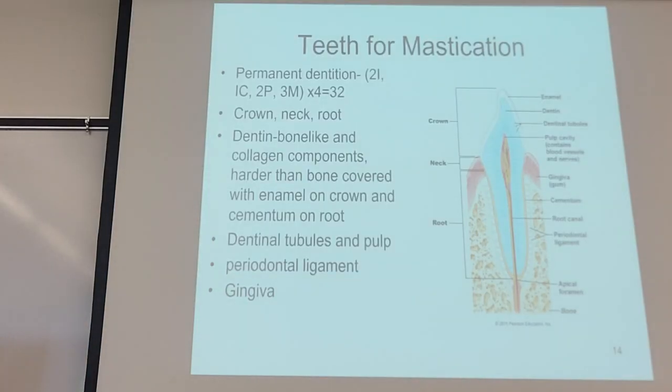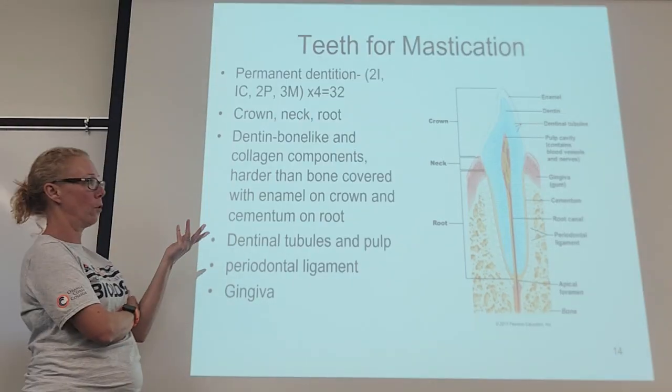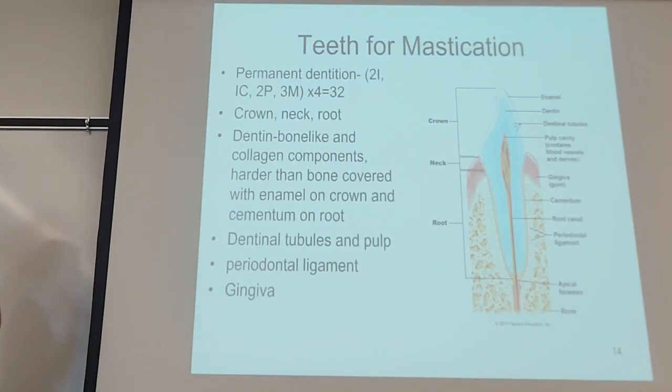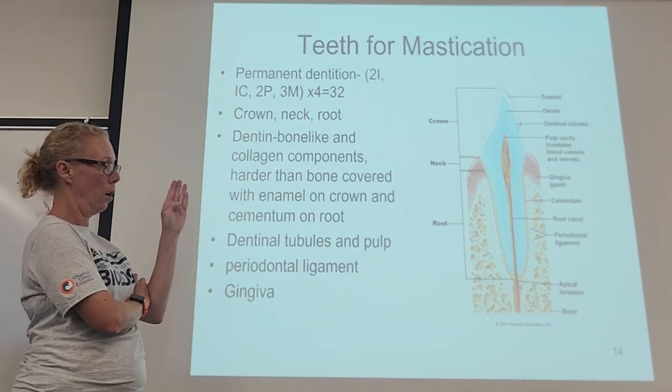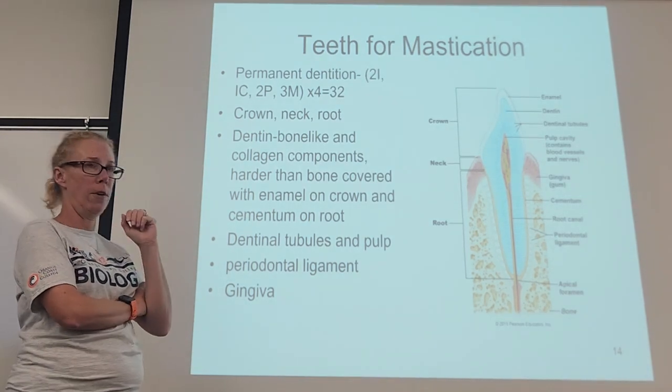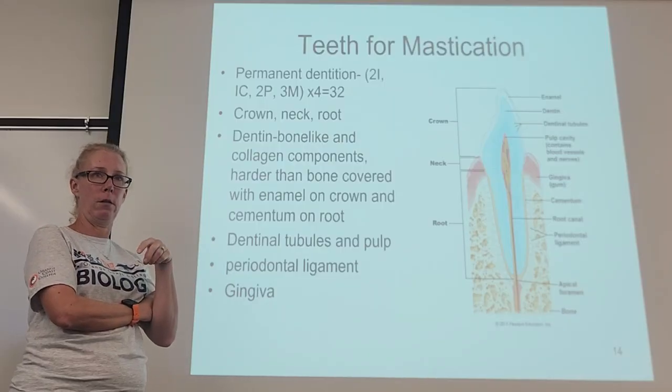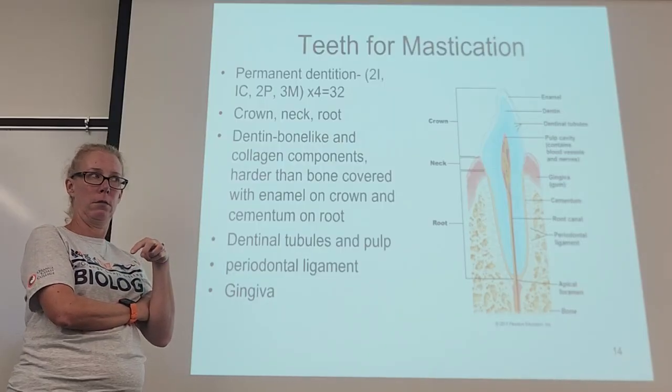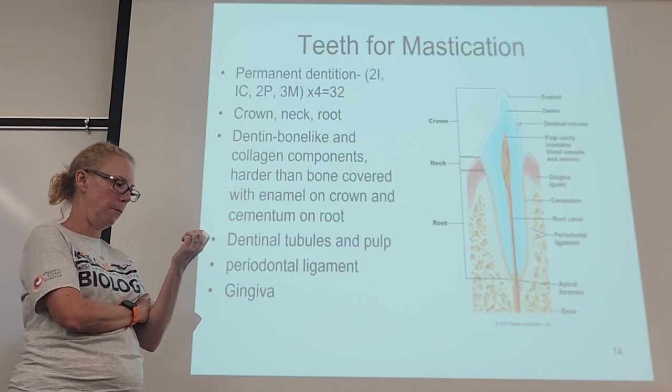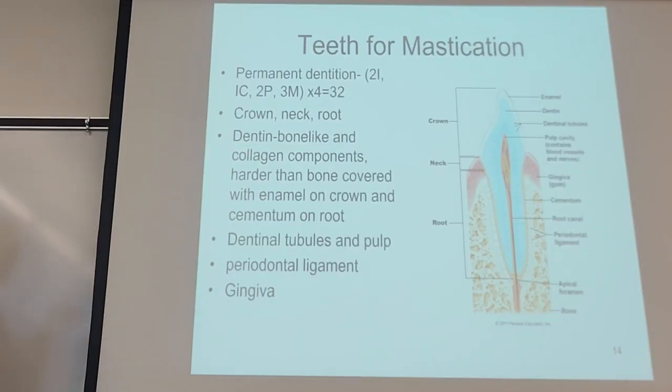As far as teeth are concerned, the basic anatomy of a tooth, the crown is what you see, okay? The neck is embedded in your gums, and the root sits in the only joint that you find in the mouth. What's the name of that joint? Gomphosis. Yep.